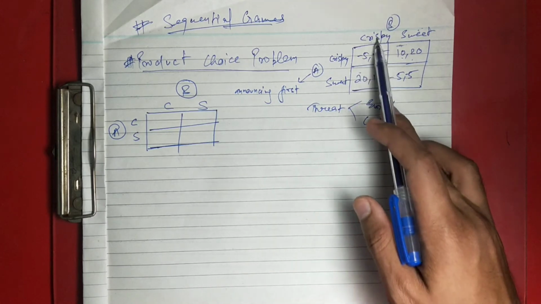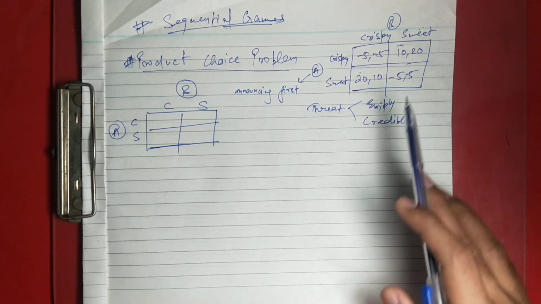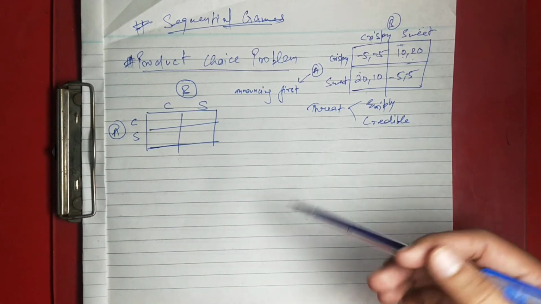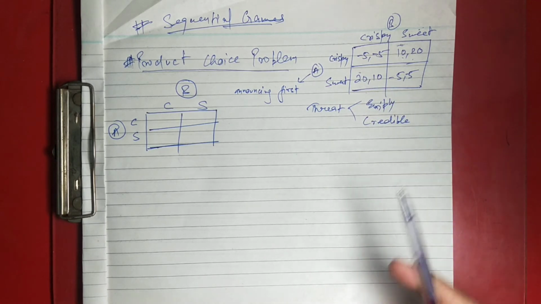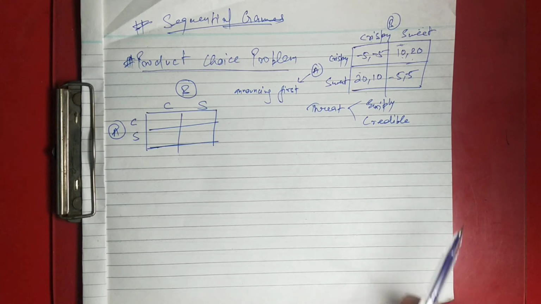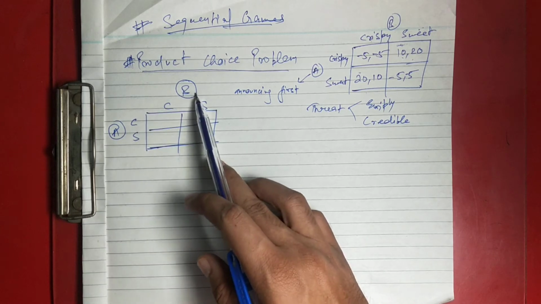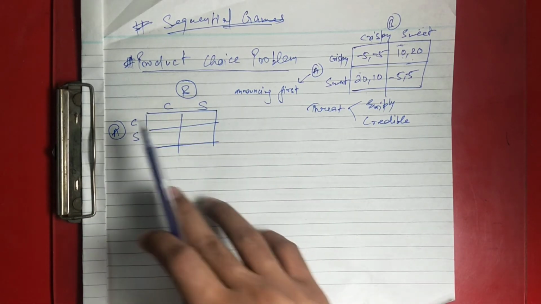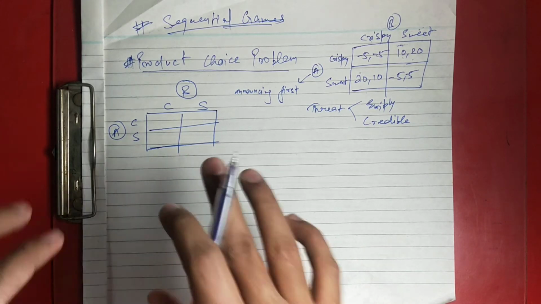Or he can reduce alternative decision outcomes and thereby change the payoff. So you can do anything, I have just given you examples. You just have to make B believe that you are going to produce what you have announced first. Okay, so in this case A has announced sweet first.